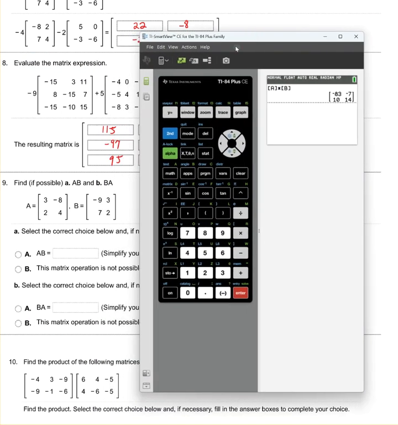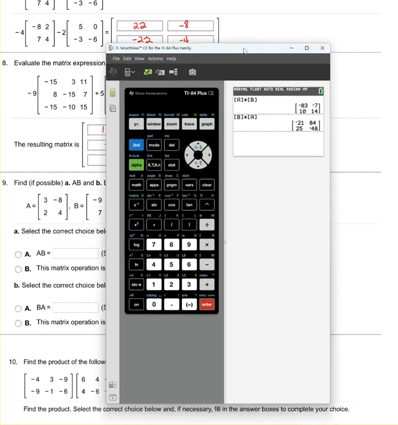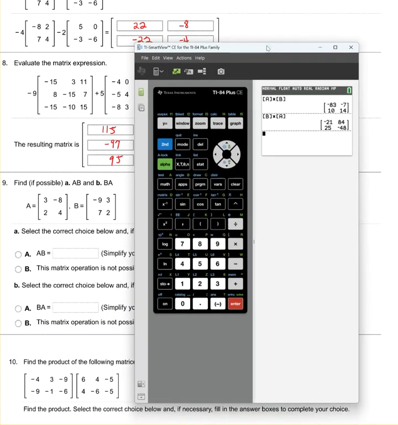Now let's do B times A. Second matrix, go down and get B, times, go get A, and we should have those numbers, negative 2184. So they're different. It's not like real system multiplication.